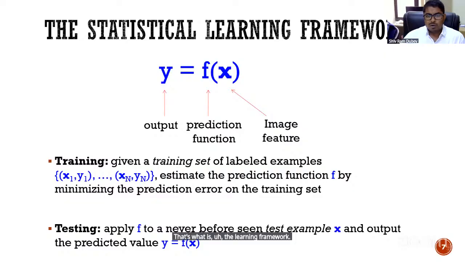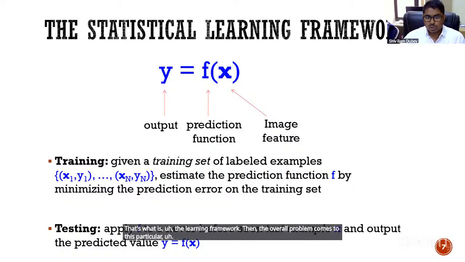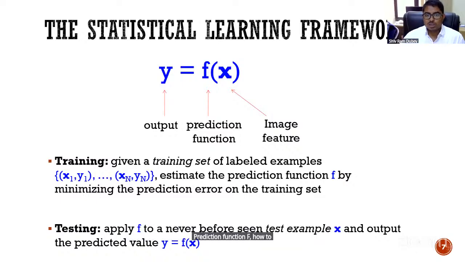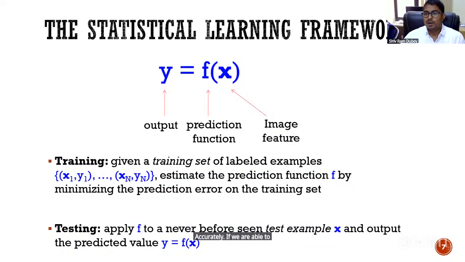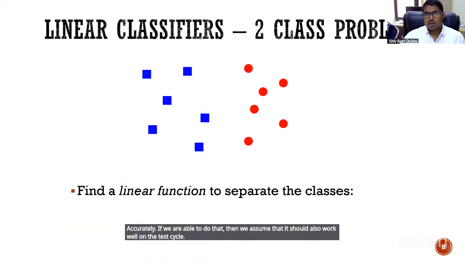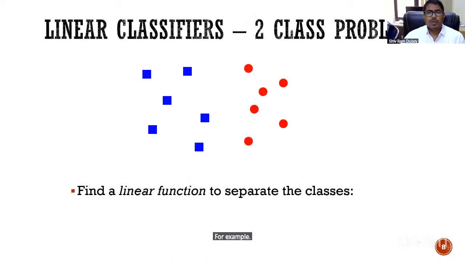Then the overall problem comes down to this prediction function f: how to find this prediction function f such that it can accurately recognize the category of different data samples in the training set. If we are able to do that, then we assume it should also work well on the test set. For example, we have the neural network, but before the neural network, we also have some basic classifiers.